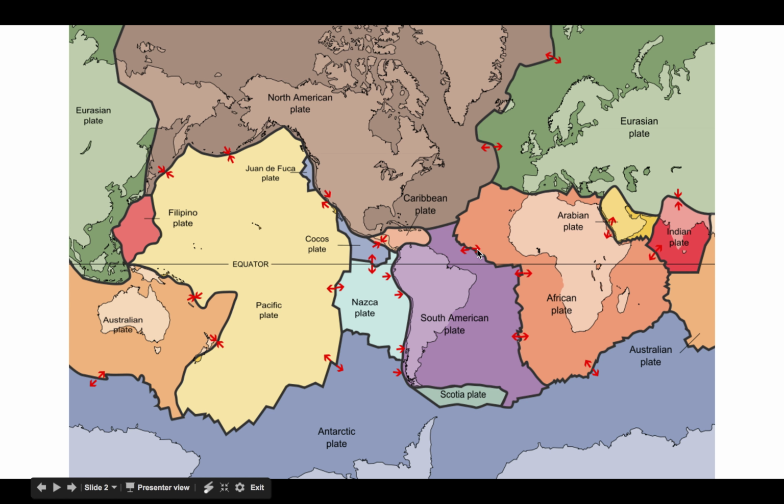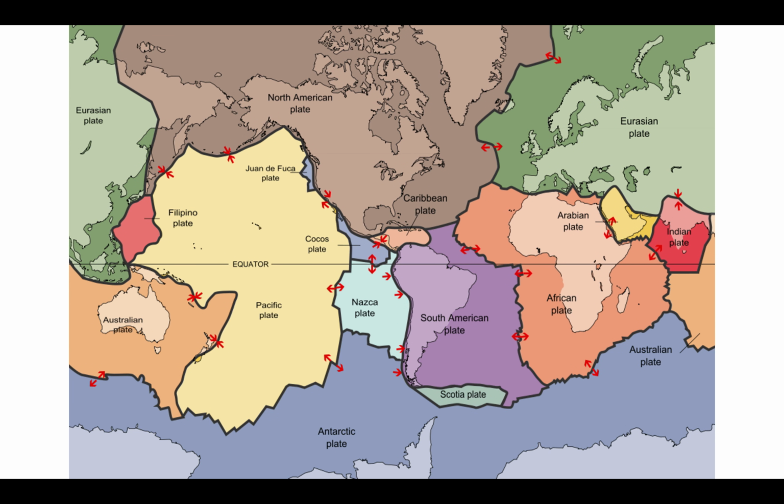In some places, they're pushing apart from each other. Those are divergent plate boundaries. Some places, they're sliding past each other. Those are lateral plate boundaries, transform plate boundaries. And so just basically all the volcanism, earthquakes, all these spatial patterns are actually due to where the plates are at any given time.